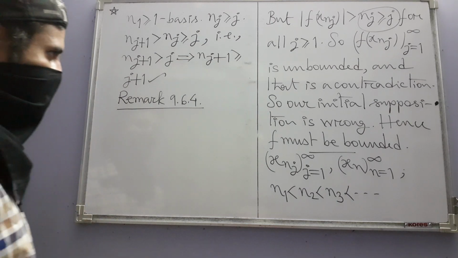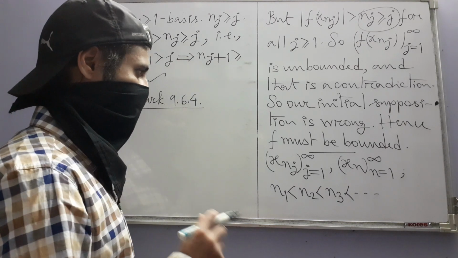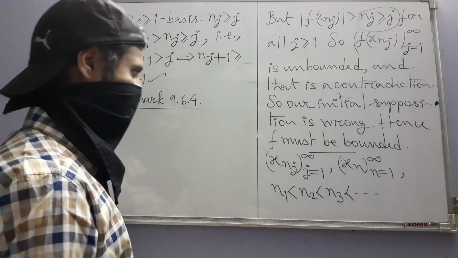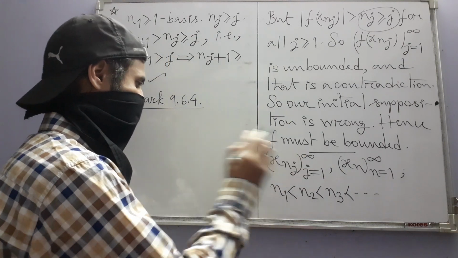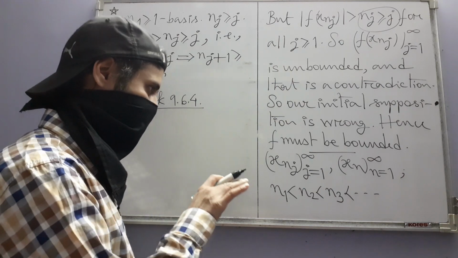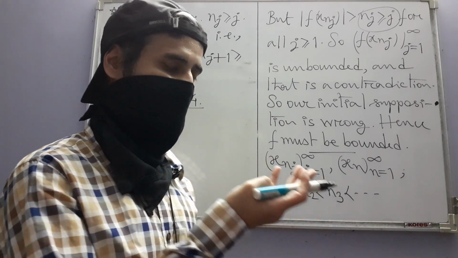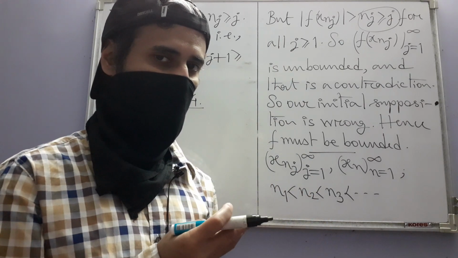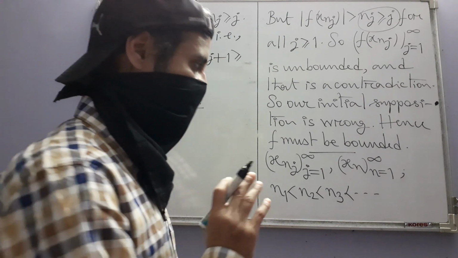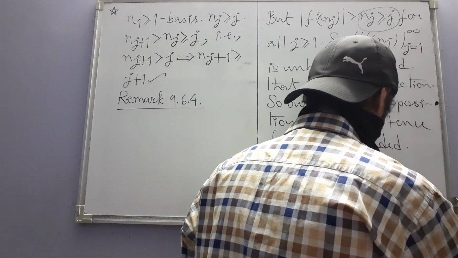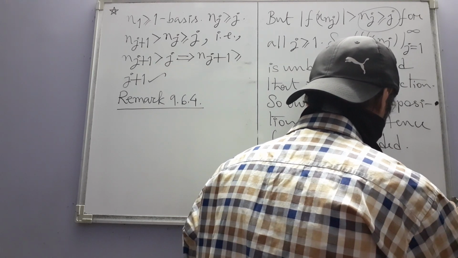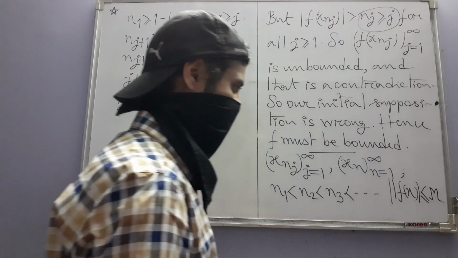And the second thing about this proof is that it's not a direct proof, because of which it does not tell us what that M is. So we have proved that every continuous function on a closed bounded interval is bounded. But what is that bound? Do we get any idea from the proof what this M can possibly be?